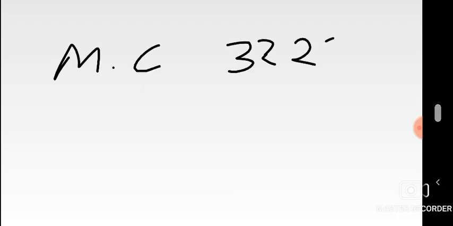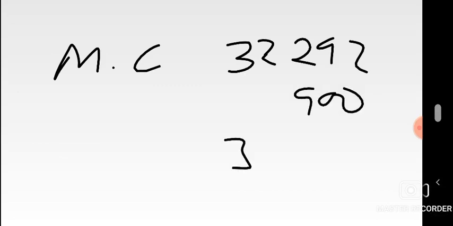Then you just say, okay, marginal costing profit, by the way, is 32,392. Just made a mistake there. You add your 900. Your marginal plus the change. What will you land on?